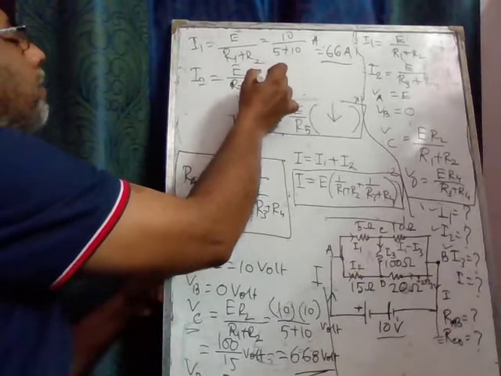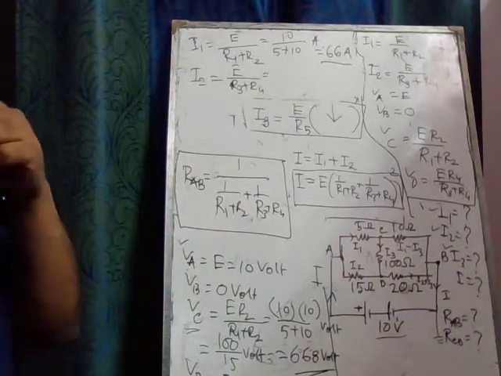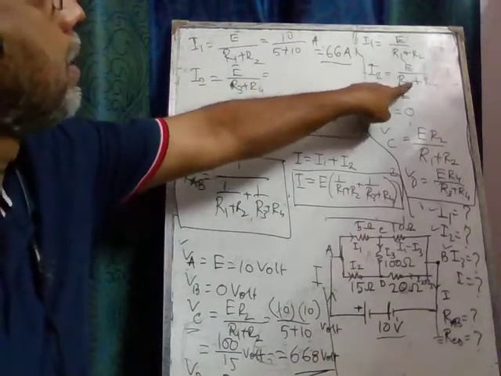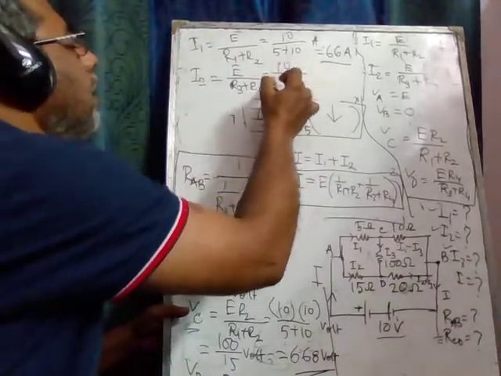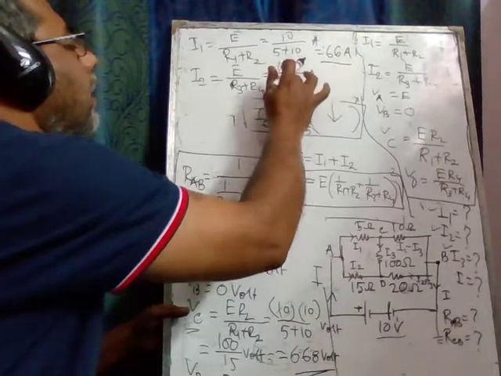Similarly, I2 is E over R3 plus R4. So we can calculate this as 10 over 15 plus 20 ampere.